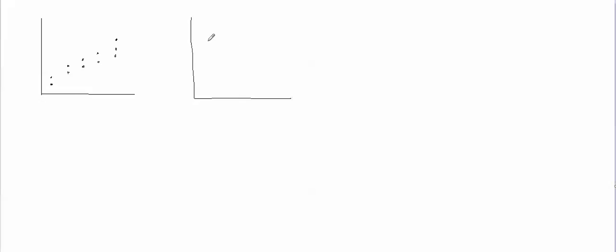You might also see a shape like this, in which the dots drop or fall as you go from left to right across the scatter plot.